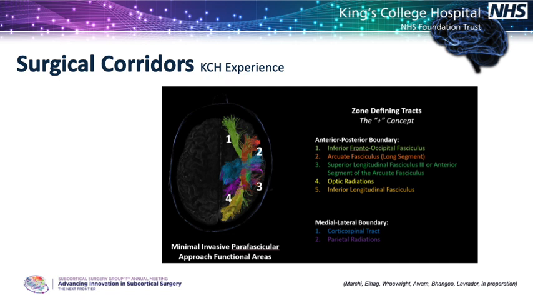And what we've found is that zone 1 and 4 are particularly amenable to a MIPS technique. Zone 3, Jose will talk about a bit tomorrow, because we've been quite heretical with that approach and have actually started doing a transgyral approach with MIPS, because we've actually got data to show that it produces less ischemic injury, but we'll discuss that tomorrow.